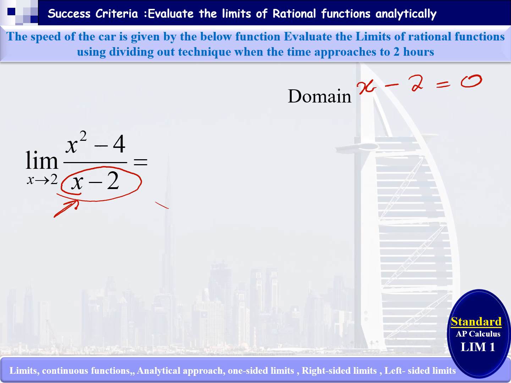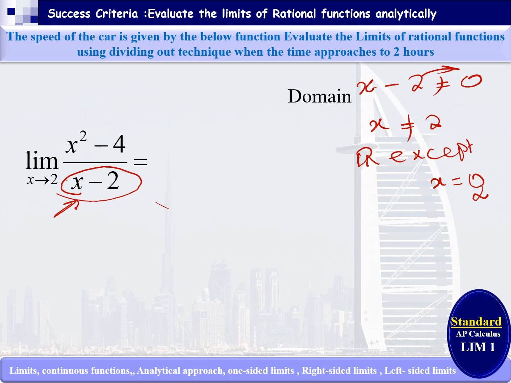Bring the negative 2 here, so you will get x equal to 2, which means that the domain is all real numbers except 2, because x should not be equal to 2.